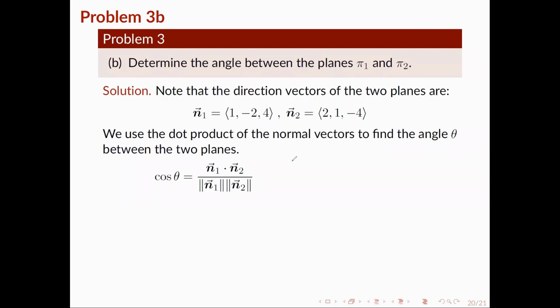Now, we note that the dot product of the two vectors is equal to the product of their norms times the cosine of the angle between them. So to isolate the cos theta here, we just divide both sides by norm of n sub 1 times the norm of n sub 2. And so we end up having this equation.